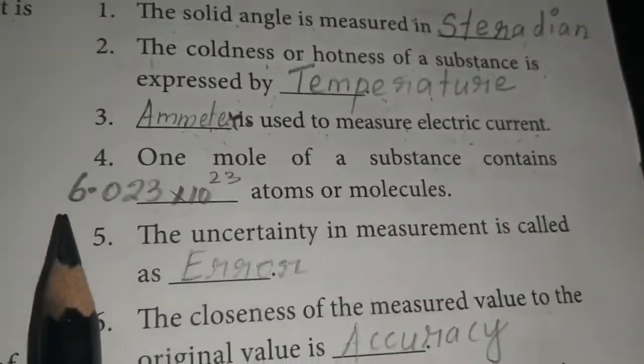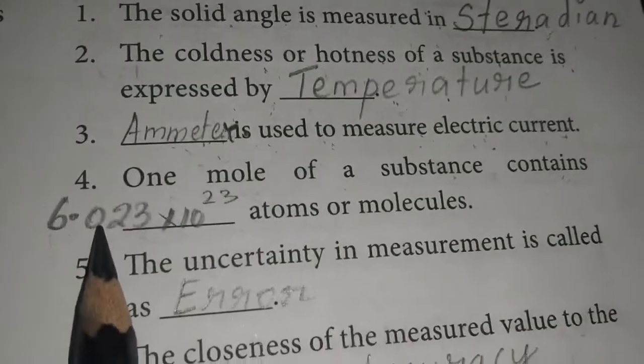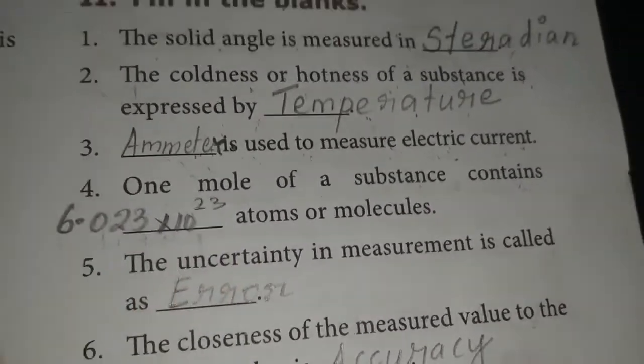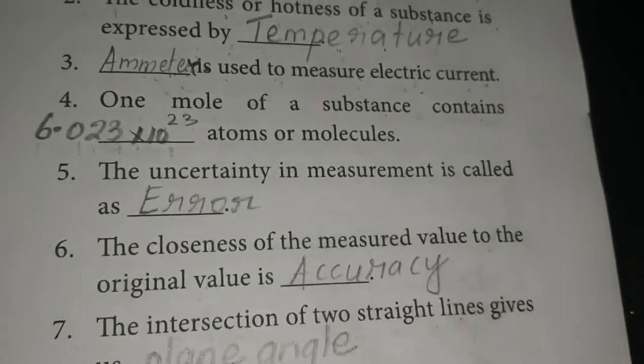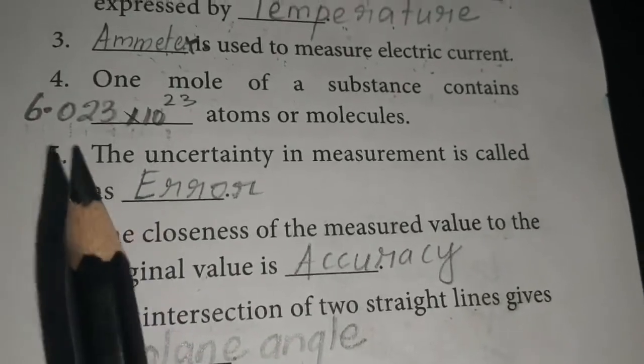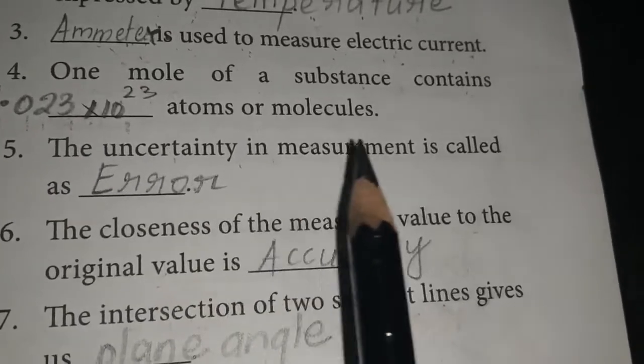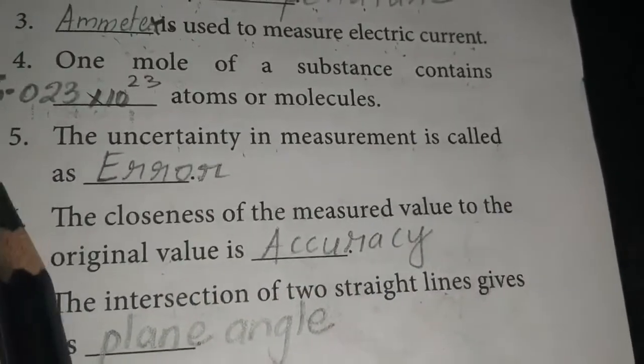Answer is 6.023 into 10 to the power of 23. And then fifth question, the uncertainty in measurement is called error.